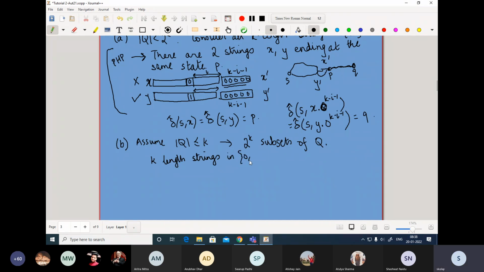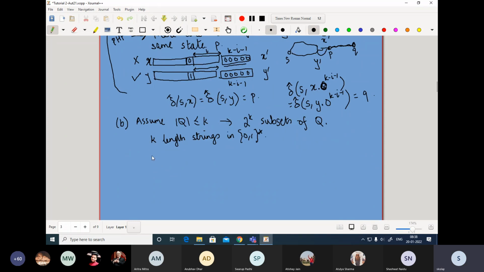So you have k-length strings in (0+1)*, and your argument is: suppose delta hat of s, x, take an x which is in this. So suppose delta hat sx is equal to phi, then I take x1 to the k, and it should remain in phi itself.